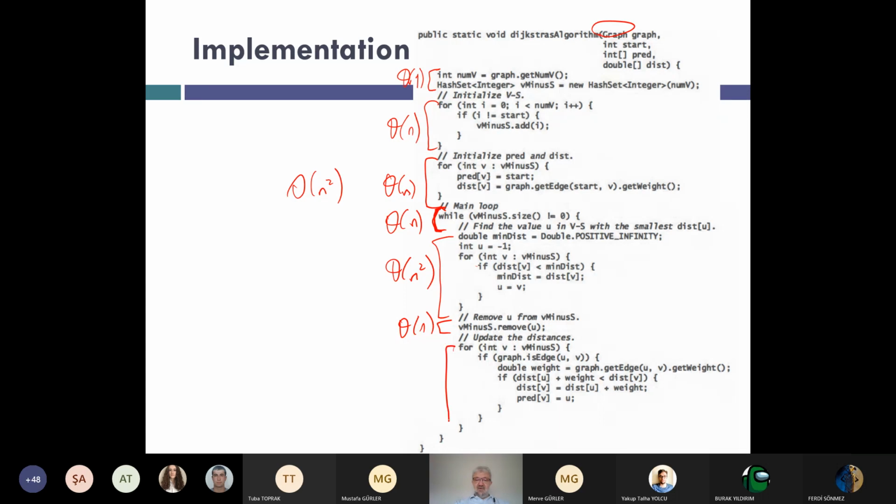And here we have a for loop for each vertex in V minus S. How many vertices are in V minus S? n minus 1, n minus 2, etc. This for loop will take theta n squared time.